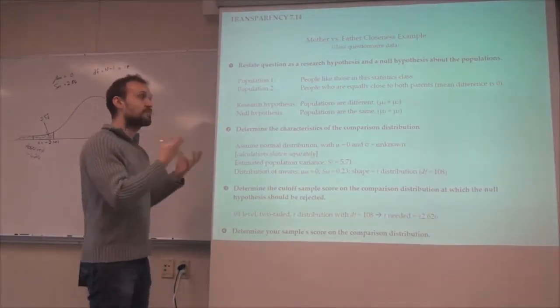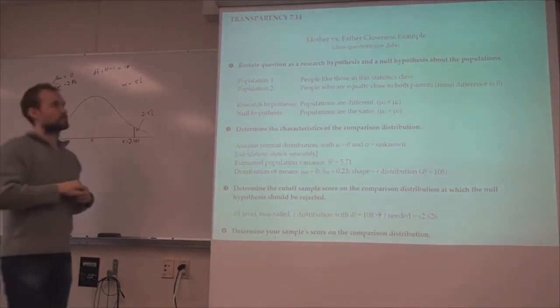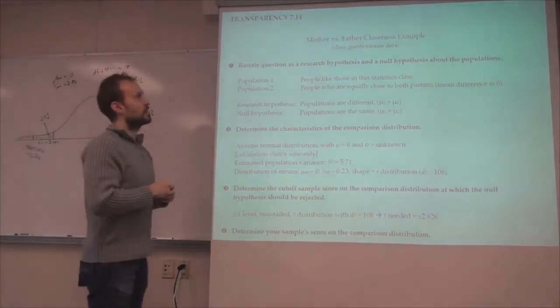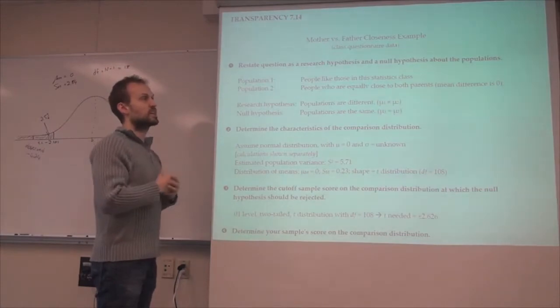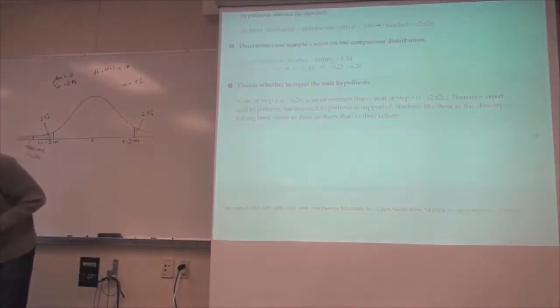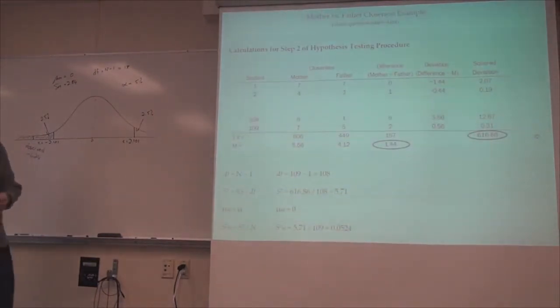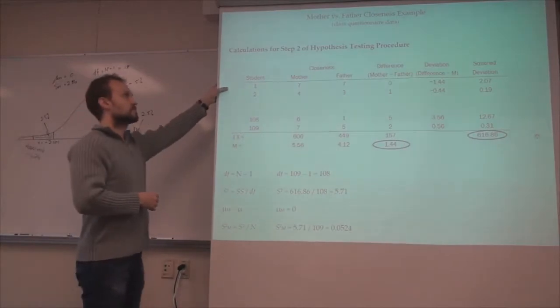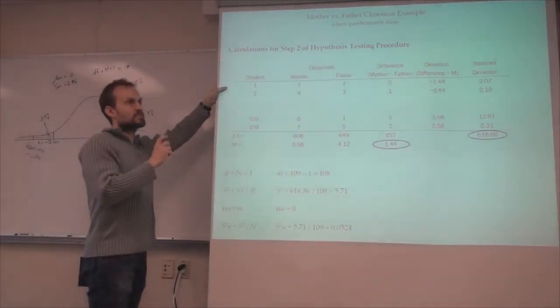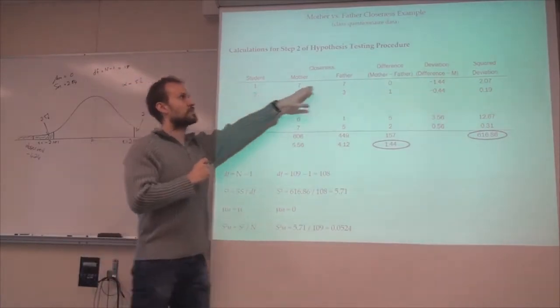The same people are being rated, and I'm trying to see if the closeness rating is the same. Let me see if I have a table. I do. So I have two ratings per person. This is quite the same as the before and after, because the scores are still dependent on each other.